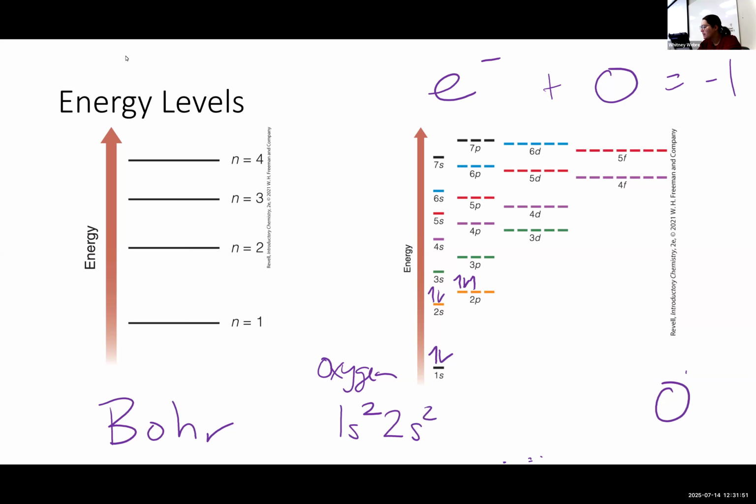The next one is not as clear: 1, 2, 3, 4. So that will be 2p, and the amount of electrons is 4. So a way for us to take this energy diagram and turn it into what we call an electron configuration is to go from the picture with electrons to just writing it out like that.